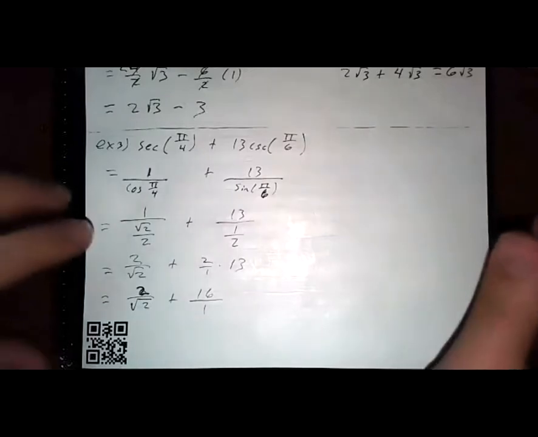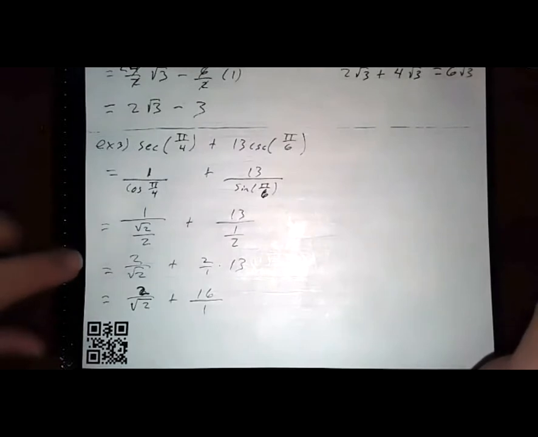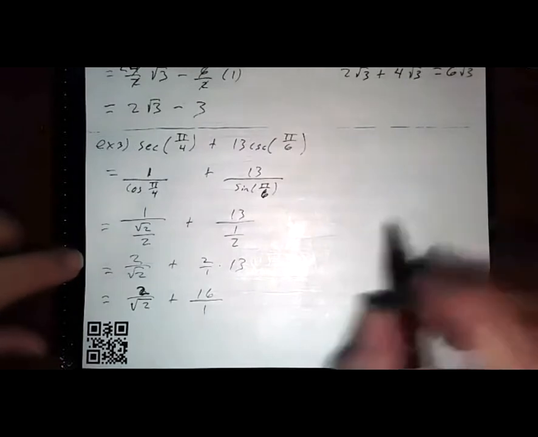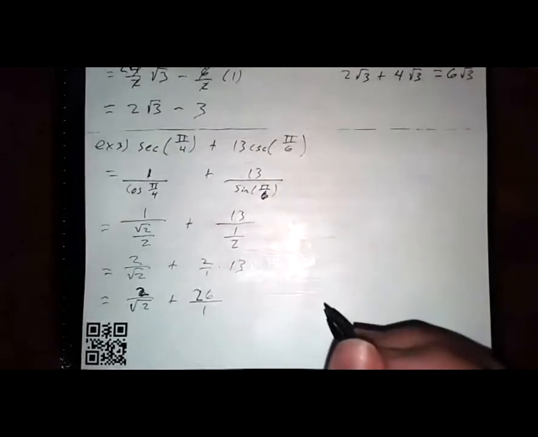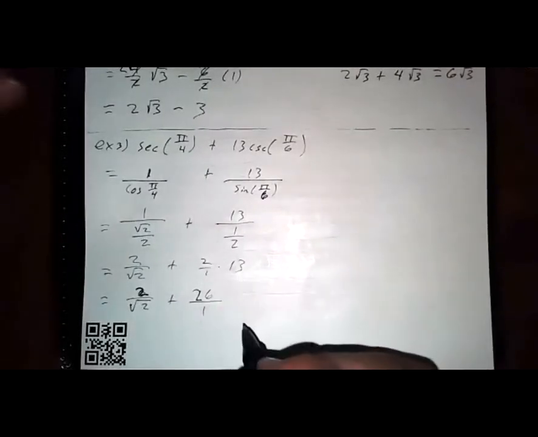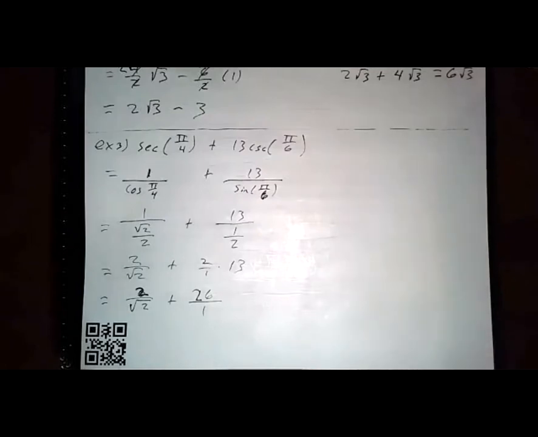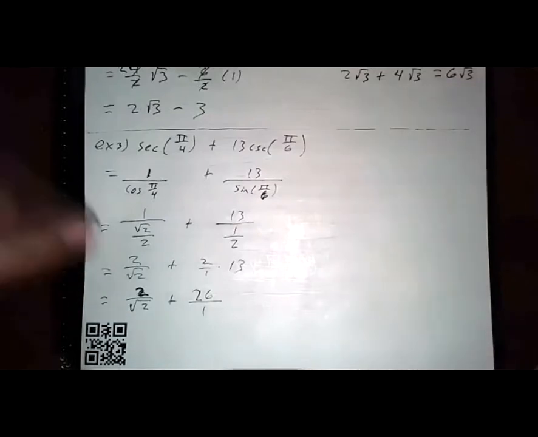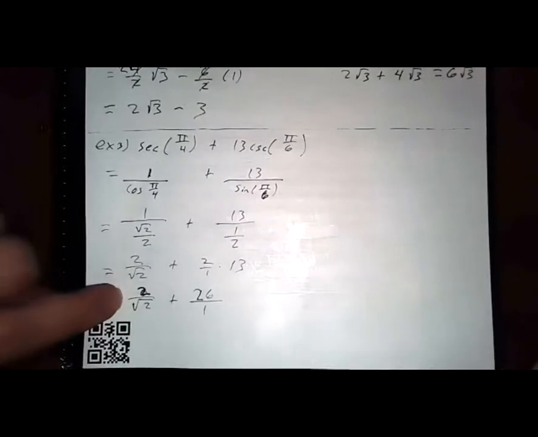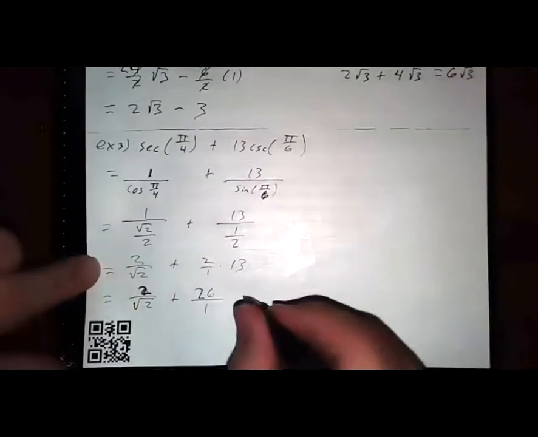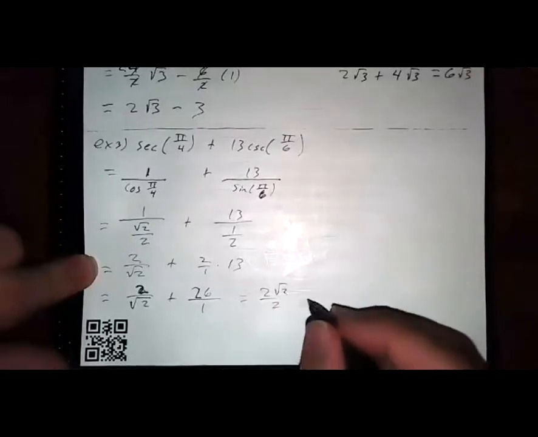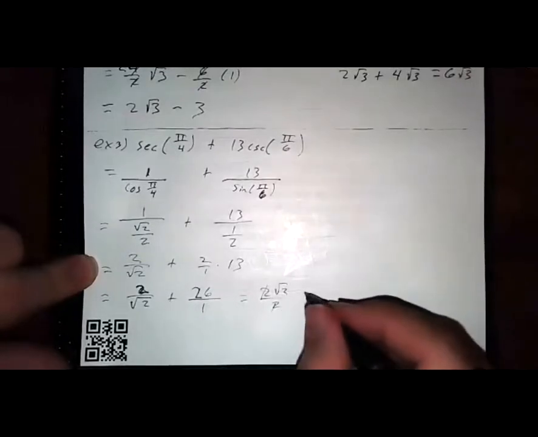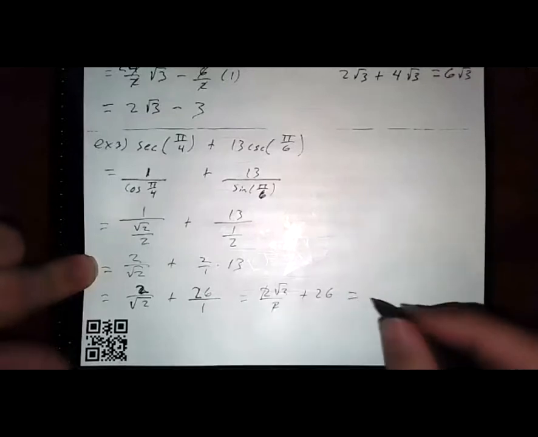Sorry, 26? Why is that 26? Yeah, sorry, 26. I don't know why I put 16. 2 times 13 is 26, right? Okay, so at this point it's technically done, but here we have a square root at the bottom. So you would rationalize that to get to 2 root 2 over 2, which would cancel this. But anyway, this is just an algebra step.